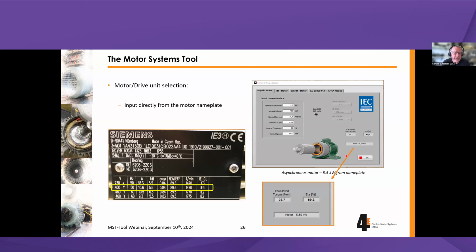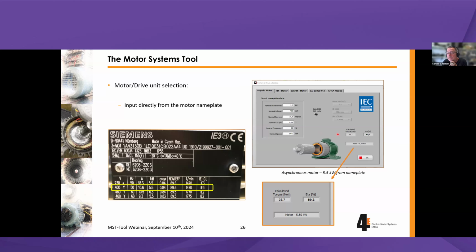So basically, in this case, where I'm living in Denmark, I would use the 400 volt star connection, 50 hertz, 10.6 amps, 5.5, 0.84, and they state that it's 89.6 in efficiency at 1470 RPM, i.e. IE3. So these are the numbers I put in this box over here.